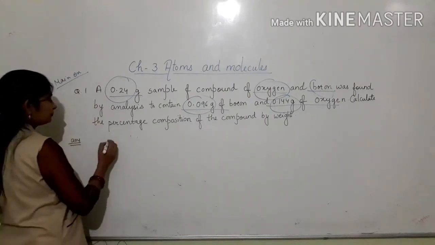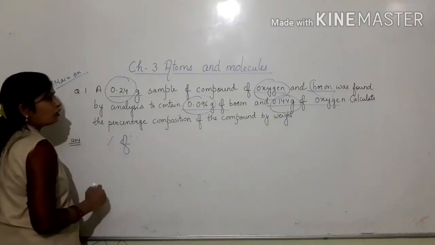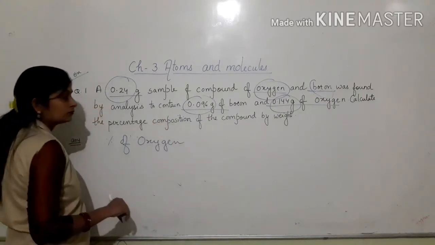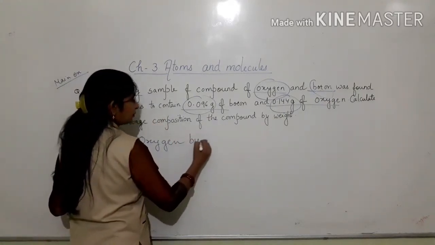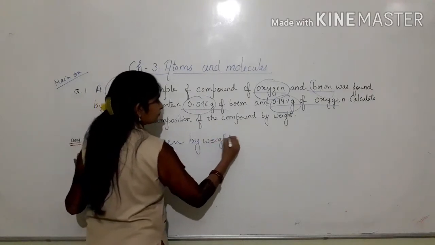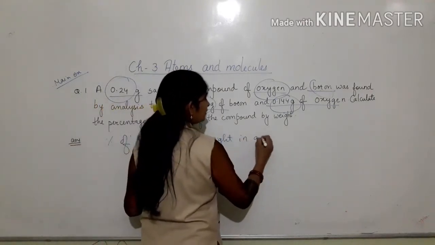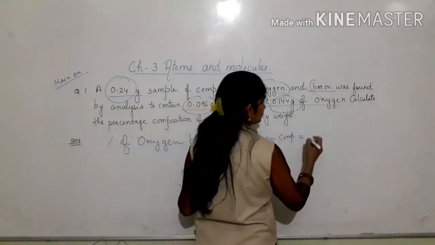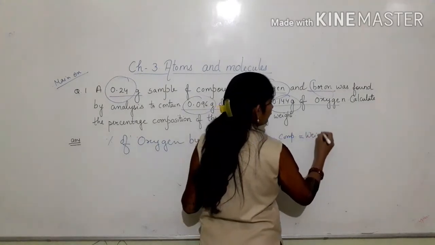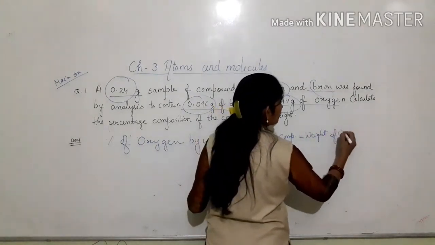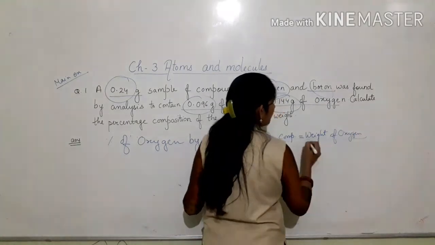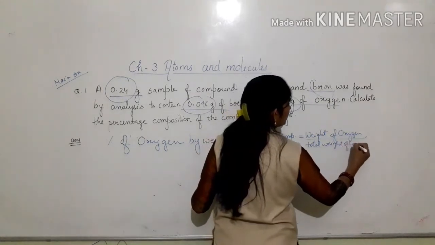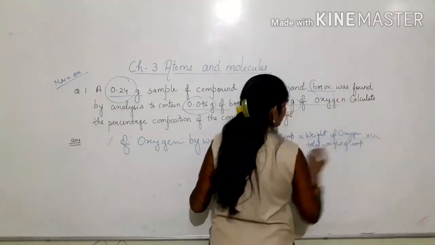Okay, so now the percentage of oxygen by weight in the given compound is equal to the weight or mass of oxygen upon the total mass or weight of the compound into 100.